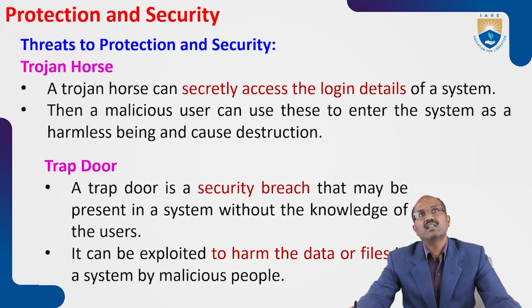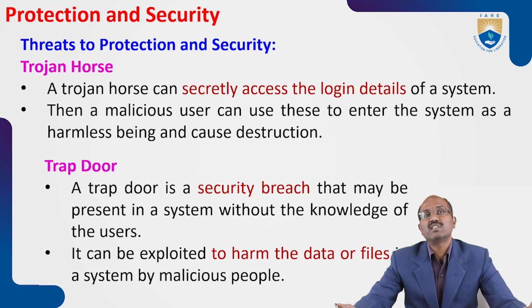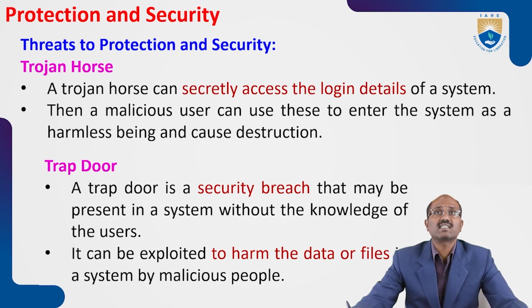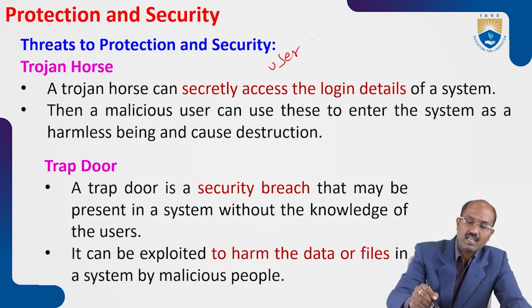Coming to the external and internal resources like threats, Trojan horse, and trapdoor, these are also extra viruses that harm the system. The Trojan horse is one of the more dangerous ones compared to a virus. It secretly accesses the login details of the system, like the user ID or password.